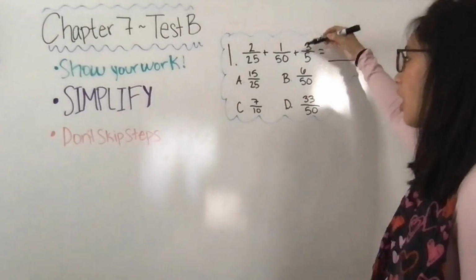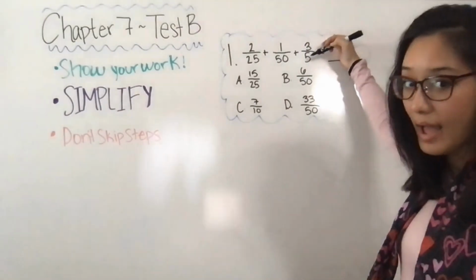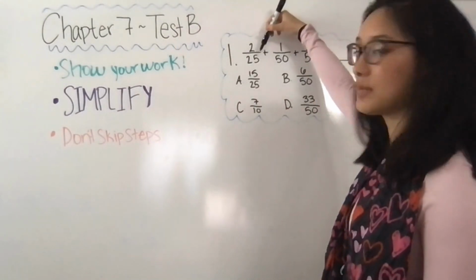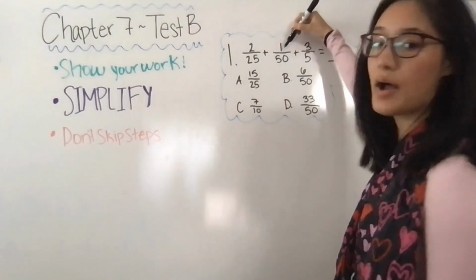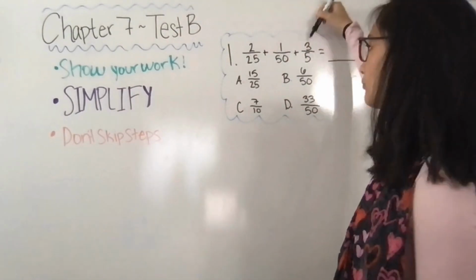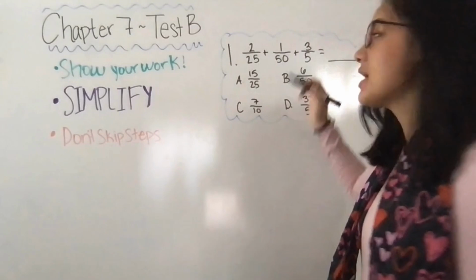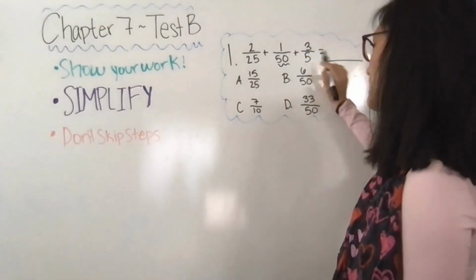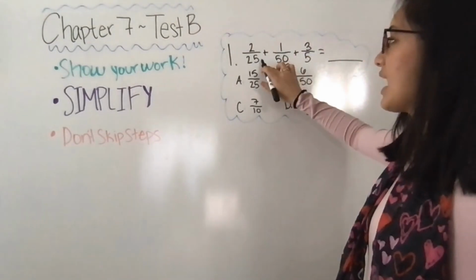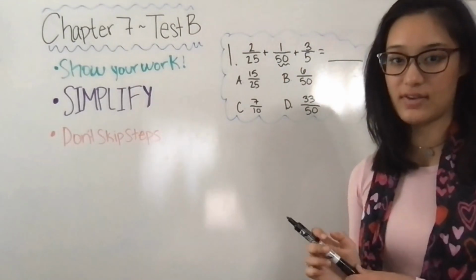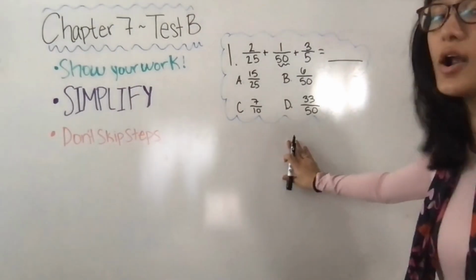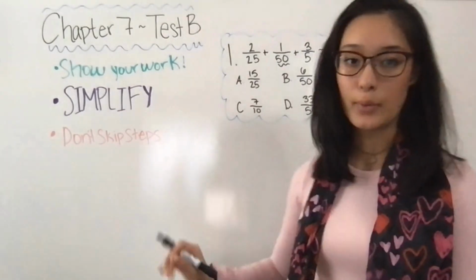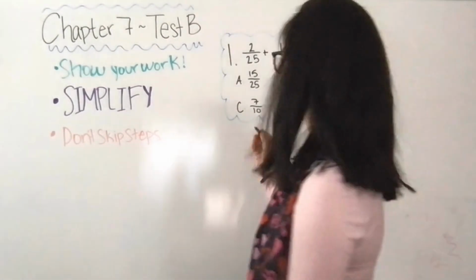You know that the common denominator can't be 5. You know that it can't be 25 because you can't simplify 1/50 down. So you know that the common denominator has to be 50 because 5 goes into 50 and 25 goes into 50. So you start by rewriting out your problem with the new information that you know.